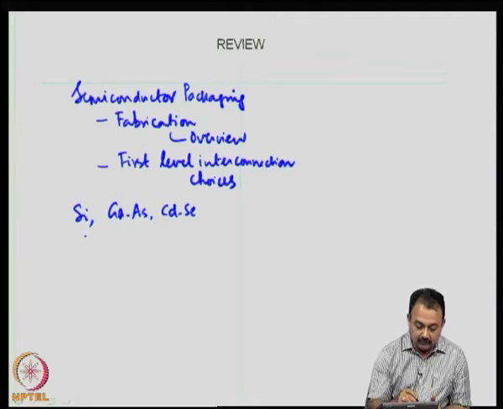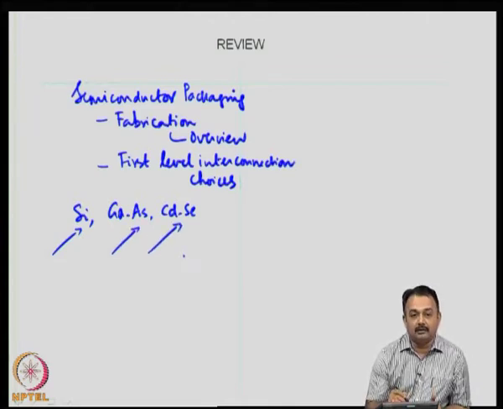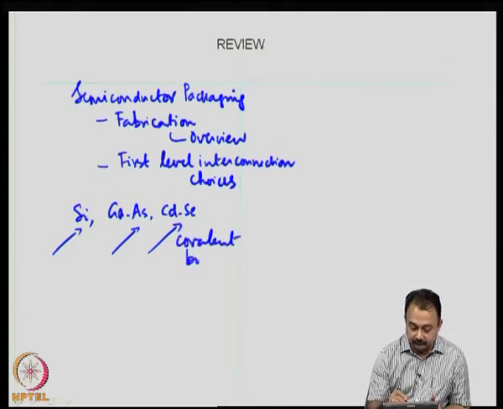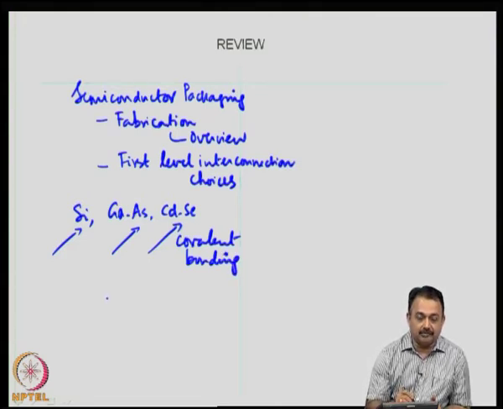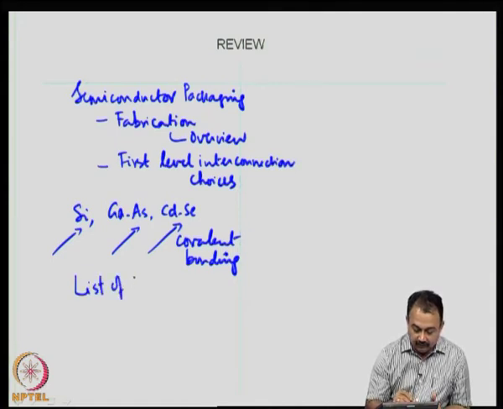Now, we also saw the crystal structure of silicon and how bonding takes place in compound semiconductors by covalent bonding. We also listed the process steps for the fabrication of semiconductors.